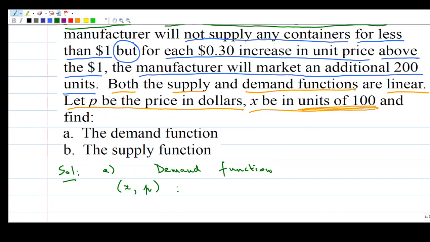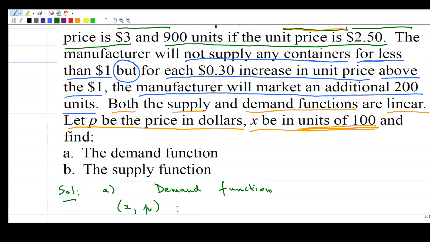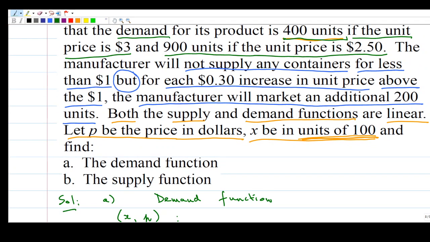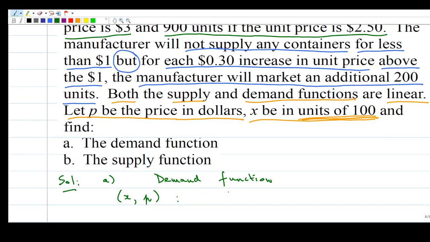So if we form the ordered pairs from the first sentence, we know that the demand for the product is 400 units if the unit price is $3. Since X is in units of 100, it's going to be 4, and the price is 3. That's the output price.